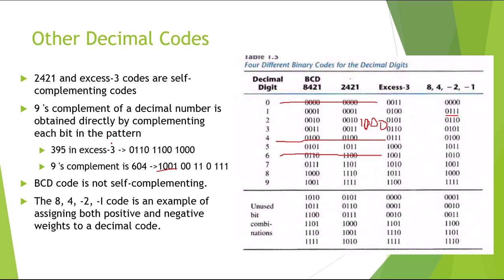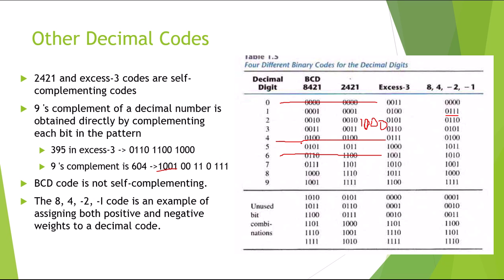So how did I get the 9's complement using the XS3 code? Whatever decimal number I was given, I took its XS3 and just flipped the code by replacing 0 with 1 and 1 with 0. The result I get is basically the 9's complement of 395.